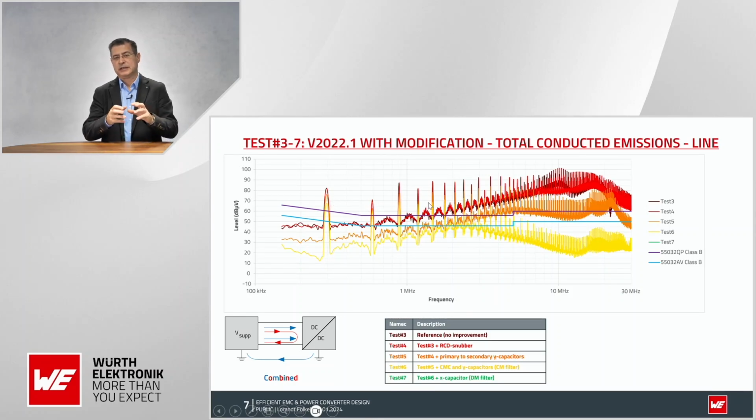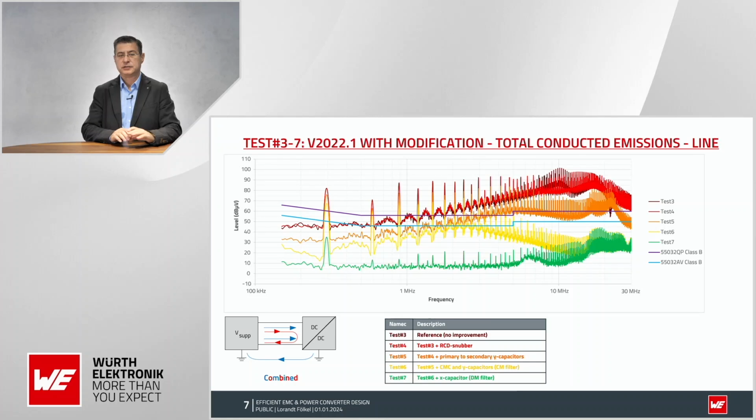It means that the leakage inductance from the common mode choke is also acting in the differential mode. So maybe we should also add the X capacitor, because we have differential mode noise there. As soon as we placed the X capacitor, everybody was happy, and we saw that the EMC requirement is met.